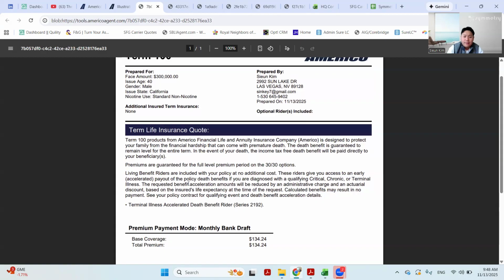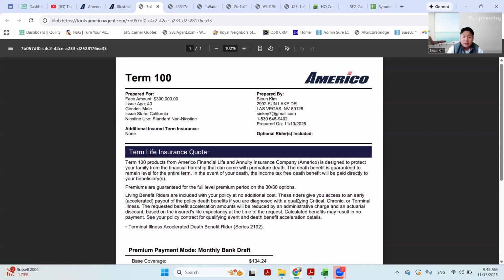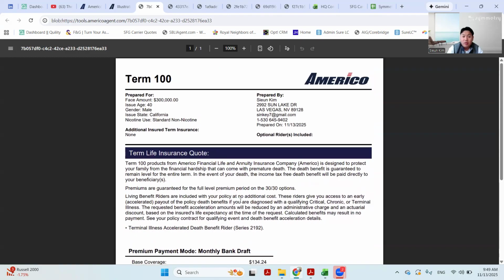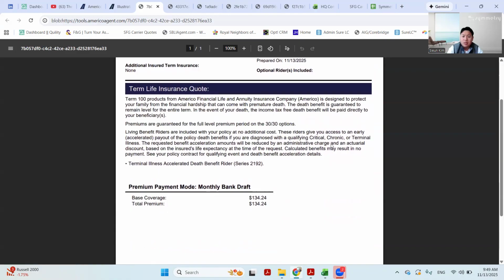Okay, here you go. The living benefits are included with your policy at no extra cost. This rider gives you access to the early critical, chronic, and terminal illness. It does include it in California. I mean, this is what's showing here right now, but maybe you can just double check and look at the agent guideline.